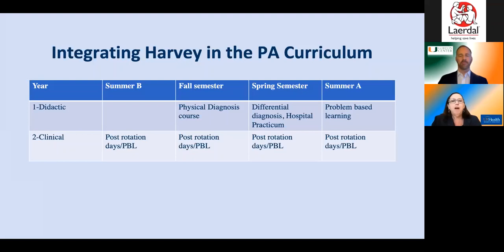We tend to find that when we set the standard for learning in each of these categories, instructor-led, small group-led, and student-led, students constantly ask for more slots to practice, and often will go back and access Harvey on their own.